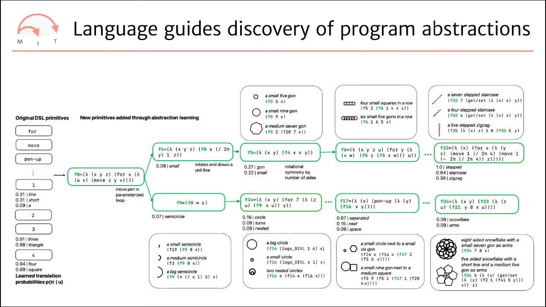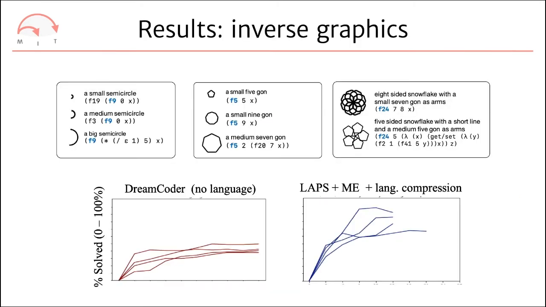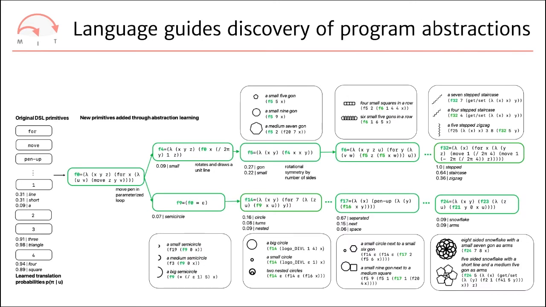So you really do from language not just get the ability to solve a large fraction of these tasks, but actually to learn reusable library functions. And you can then take these library functions and even do non-language conditional synthesis on downstream tasks. And it helps you do better, like we saw before, at test time, even when you only have language at training time.